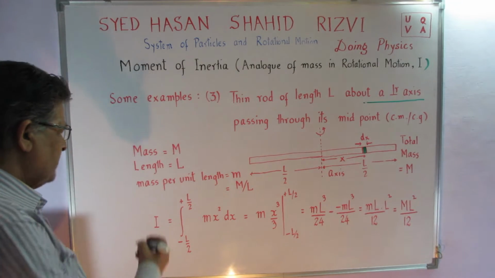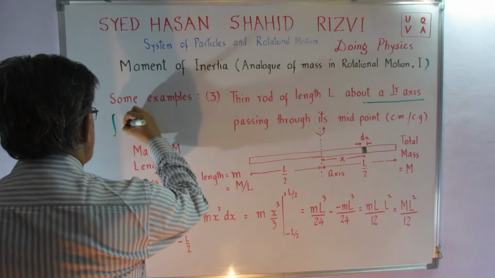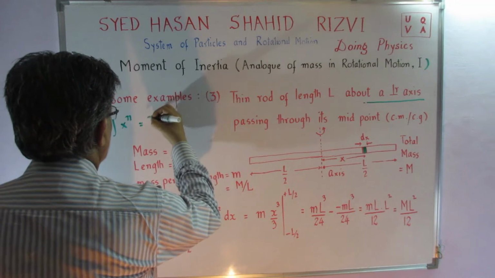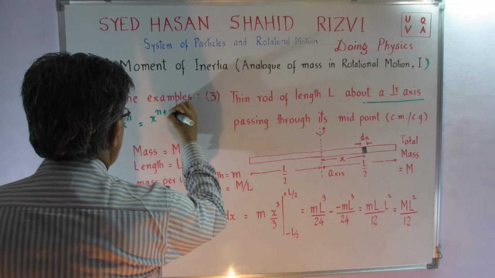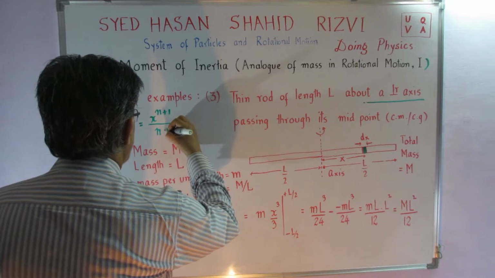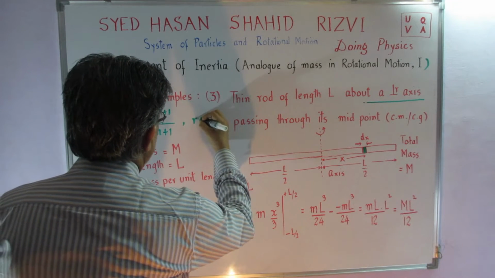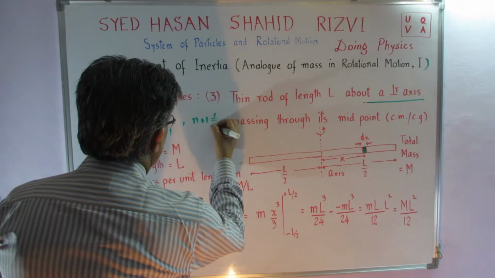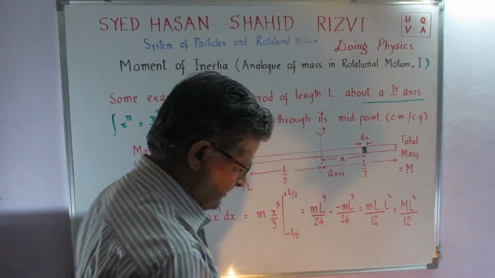So I use the integration that the integral of x to the power of n is x to the power of n plus 1 divided by n plus 1, of course provided n plus 1 is not equal to 0, so that this quantity does not become infinite.